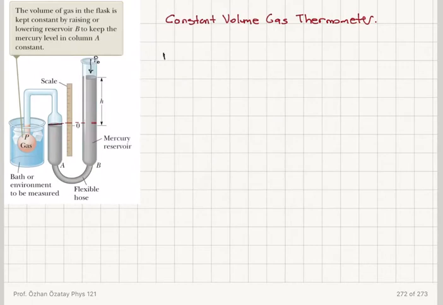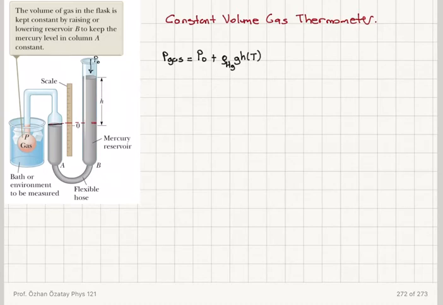the levels, these two levels, will correspond to the same pressure. So the pressure of the gas in the constant volume must be equal to the outside pressure P0, plus the weight of the mercury inside this column.